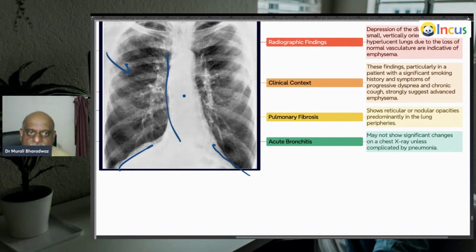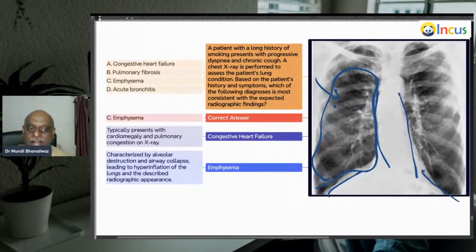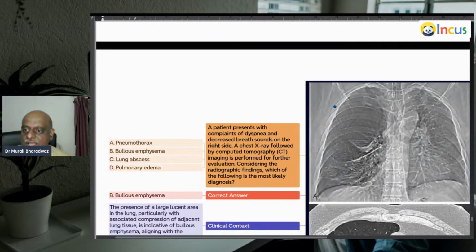There is a vertically oriented heart and there are overinflated lungs. There is a loss of normal vasculature. It is all indicative of emphysema, barrel-shaped chest. That is what you need to remember. So that's the reason the correct answer is emphysema.